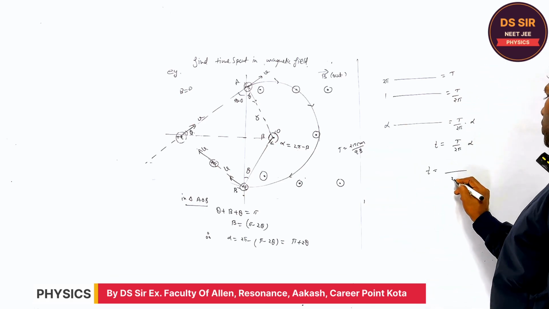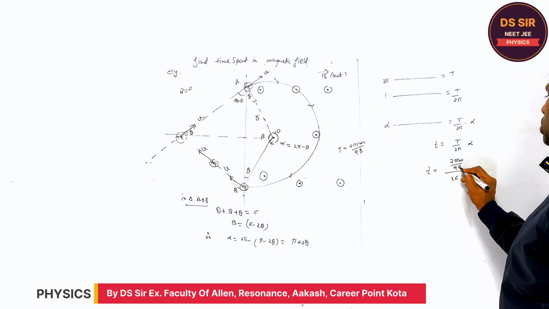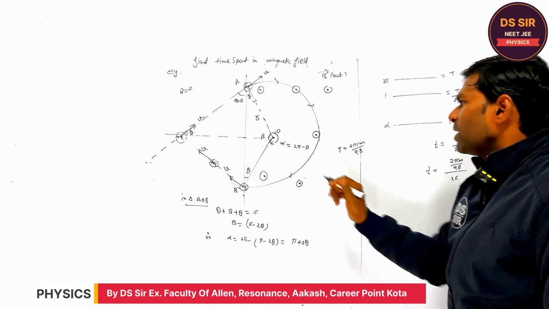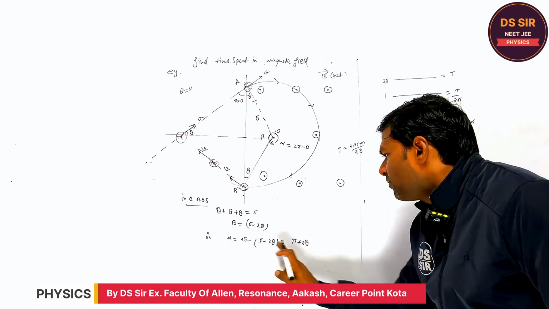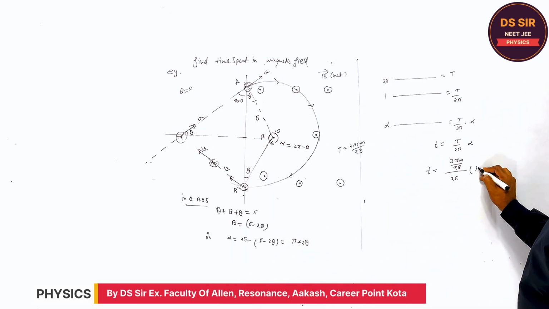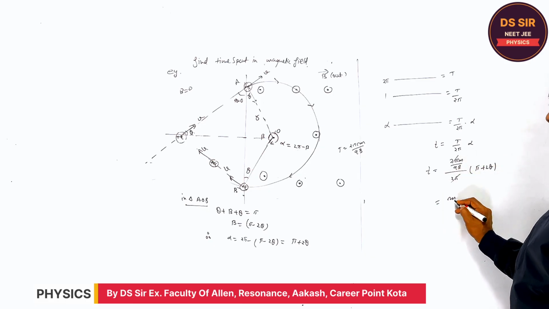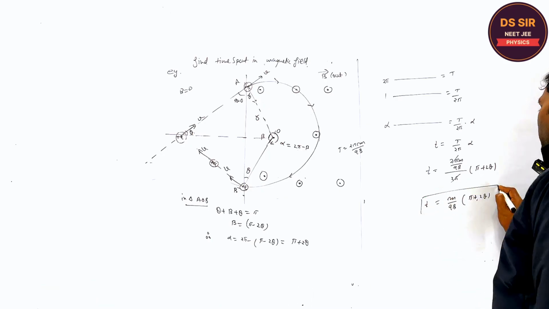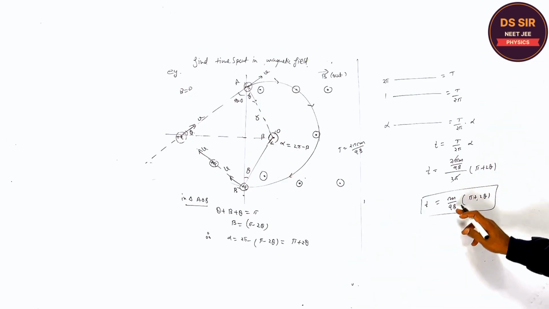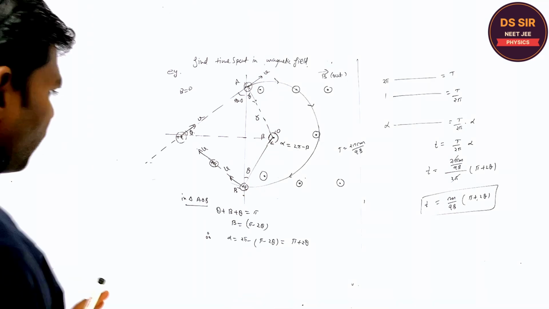So capital T is 2 pi m upon qB, and alpha is pi plus 2 theta. So 2 pi will cancel out, m upon qB into pi plus 2 theta. So in this case, the time spent in the magnetic field is m upon qB into pi plus 2 theta. Copy this. Wait for 1 minute.